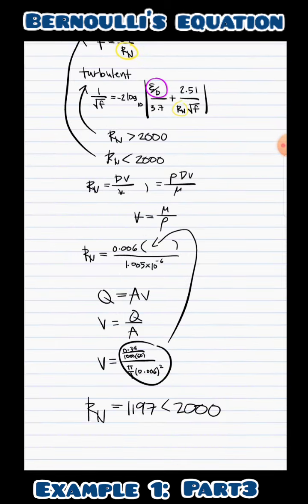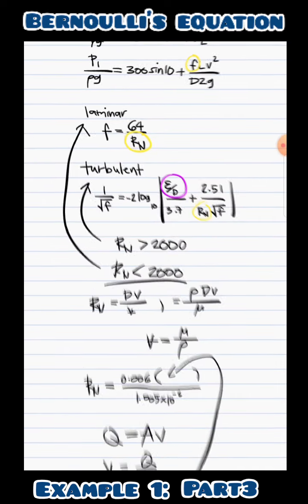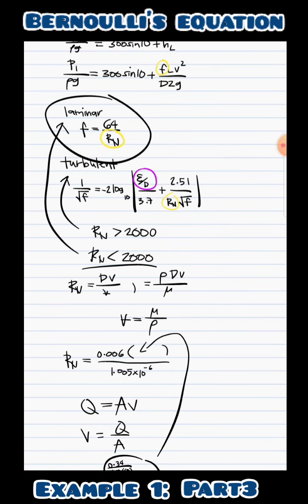So now that we found out that the Reynolds number on this type of flow is less than 2000, we can say this flow is laminar. Otherwise, if it's greater than 2000, then we're going to use this equation here. That's the only part of Reynolds number that we want to know, so that we can know what F or what equation we're going to use.